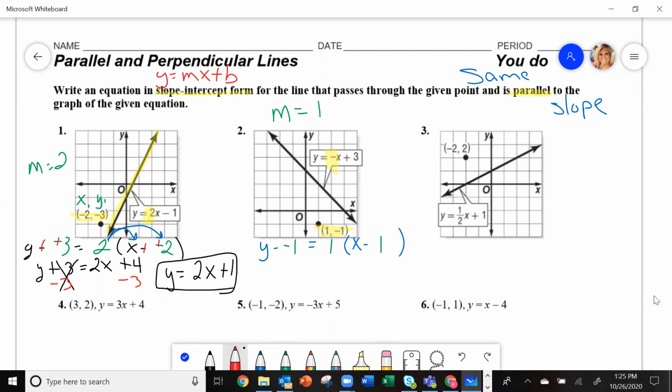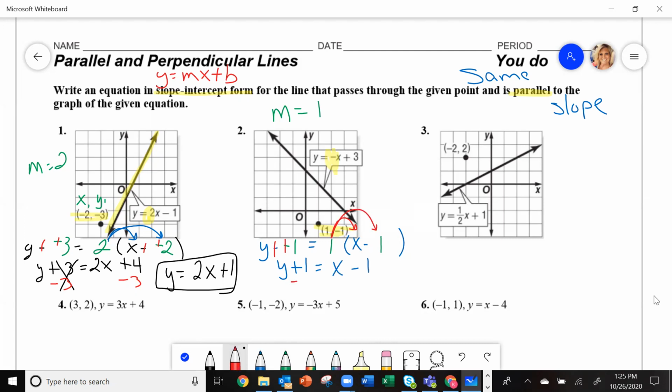Again, I see minus and negative, so it changes to positive. So I have y plus 1 equals. Now you'll do 1 times x, 1 times -1. So I get 1x minus 1. You're not done yet.